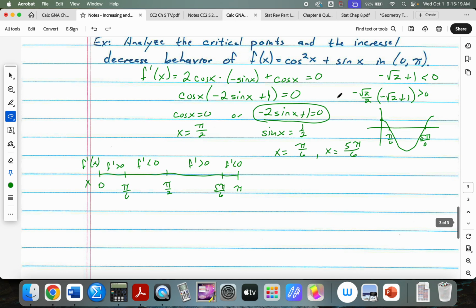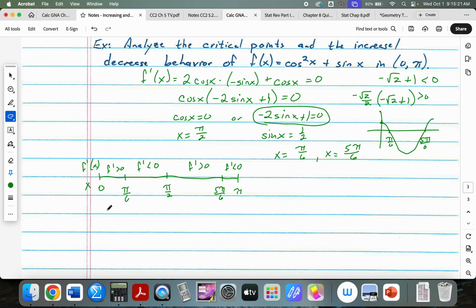So f is increasing on, I'll put it open at 0 because it said open at 0, but then to pi over 6 closed at that, and on the closed interval from pi over 2 to 5 pi over 6.